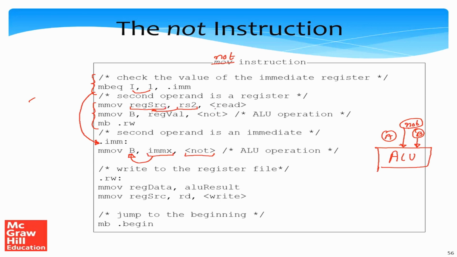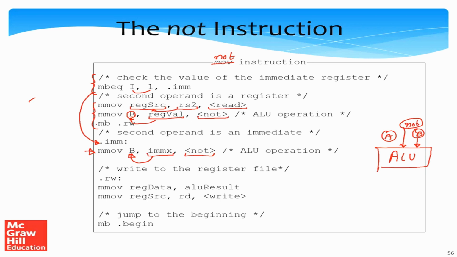And in parallel, we can issue a register file read. So in one cycle, the data will be ready in the regval register. We need to do exactly the same as we did in this line. Regval will send it to the ALU register B, and in parallel also issue an ALU operation to compute the NOT of the value.